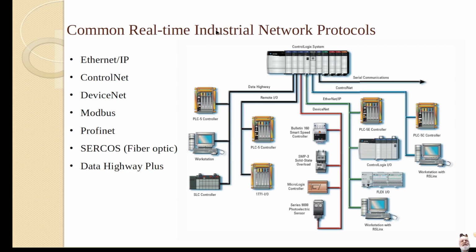All right, so let's take a look at industrial protocols now. There are several different industrial protocols here. This is not a complete list, but these are ones that are commonly found on Allen Bradley ControlLogix type PLCs, and also Siemens PLCs.